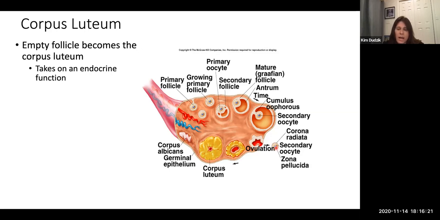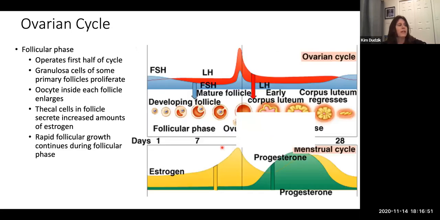But again, what's left behind in that mature follicle, the granulosa cells and thecal cells, they will reorganize and they will form this corpus luteum. And this corpus luteum now will secrete hormones. Okay, so all of this is triggered by hormones, and these hormones then are also going to influence the uterus.